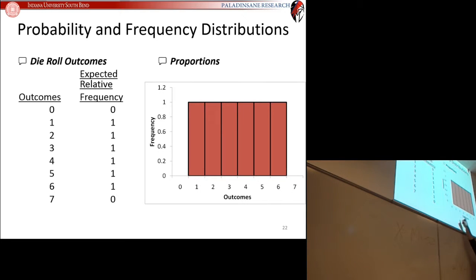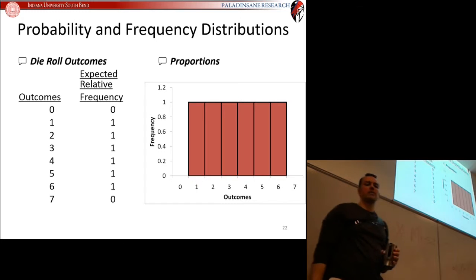A roll of 1 occurs with a frequency of 1, a roll of 2 occurs with a frequency of 1, 3 occurs with a frequency of 1, all the way up to 6. You'll notice that it's a flat distribution, indicating that each outcome will occur at the same frequency. So that is the frequency distribution version of this.